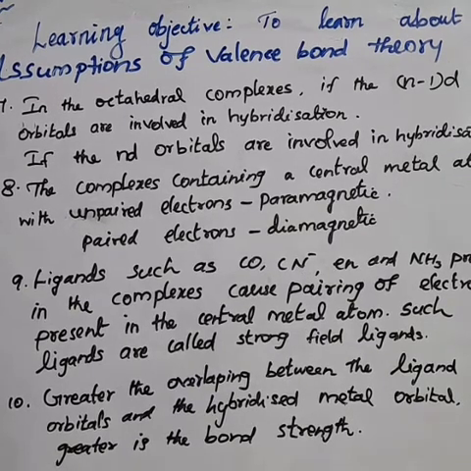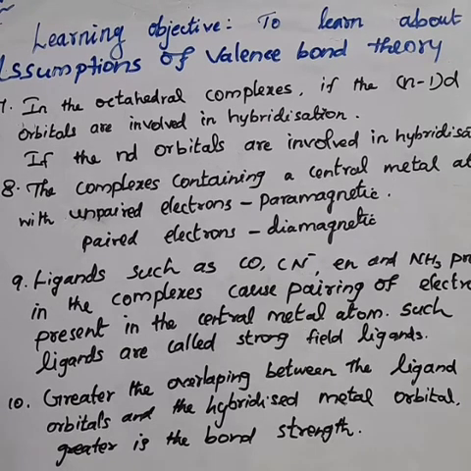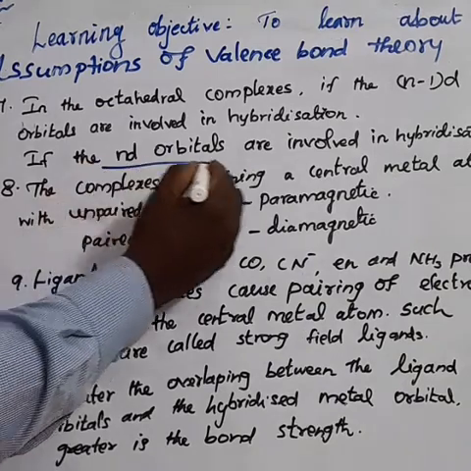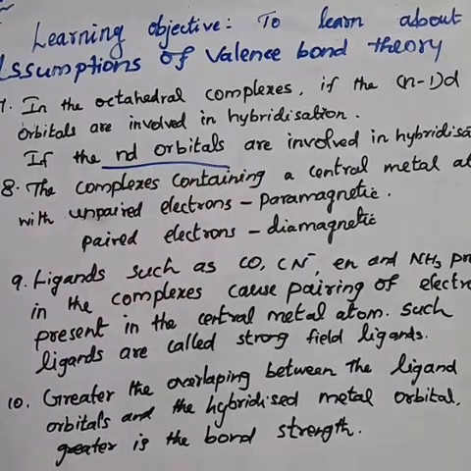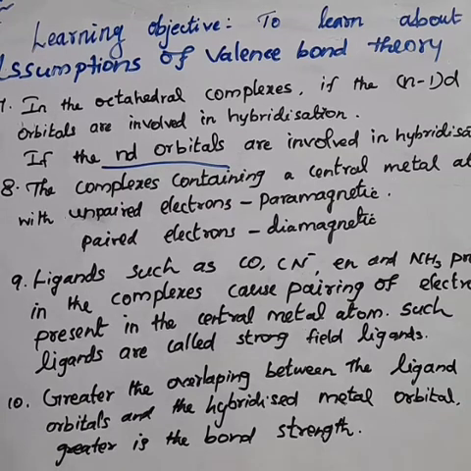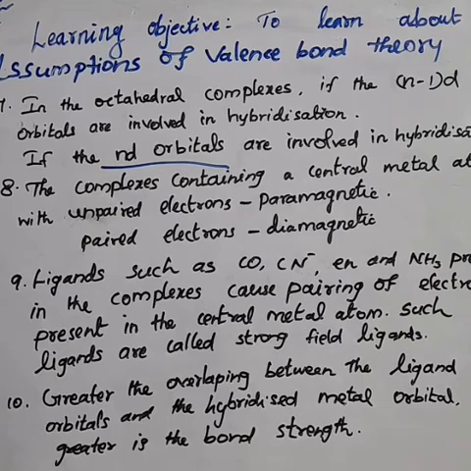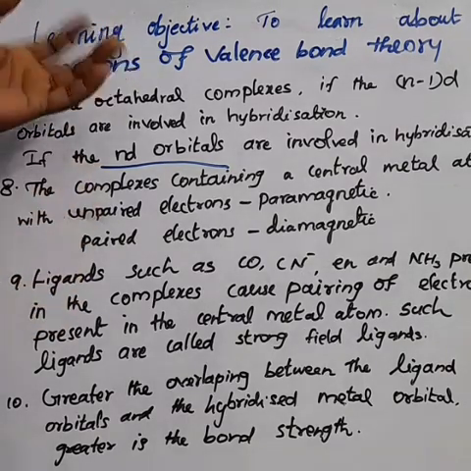Suppose the nd orbitals are involved in hybridization, then it is called an outer orbital complex, otherwise called high spin or spin free complex. Sometimes a 2-mark question may be asked: what is a low spin complex, what is a high spin complex?